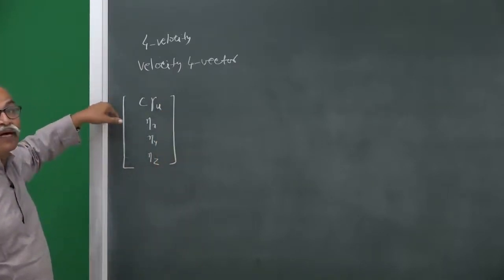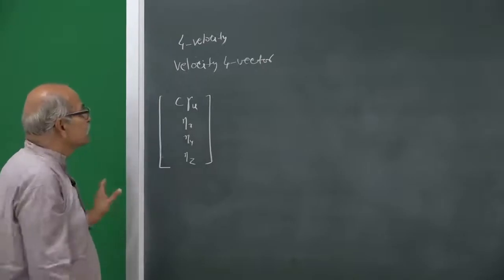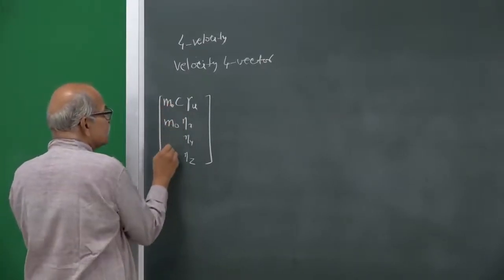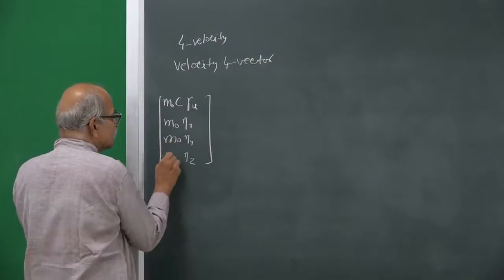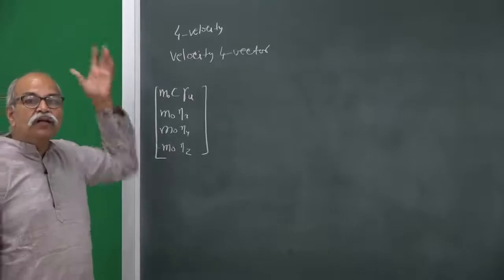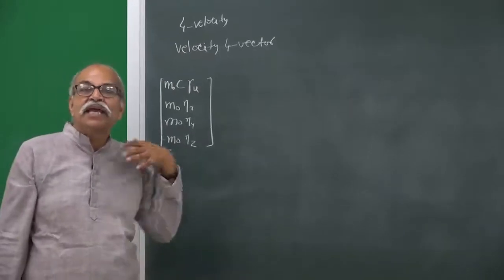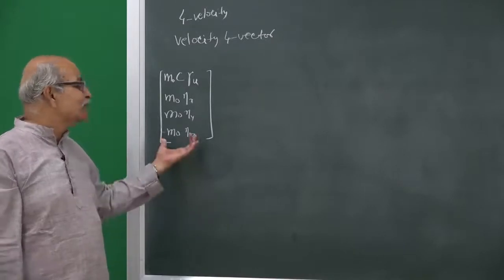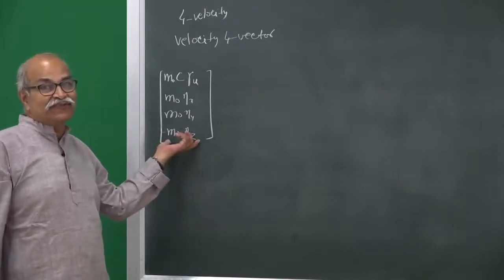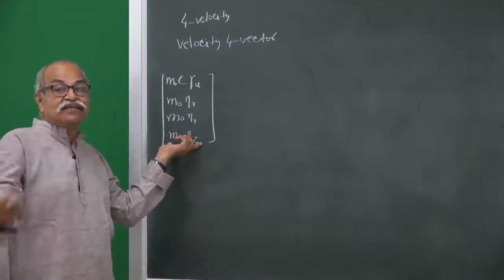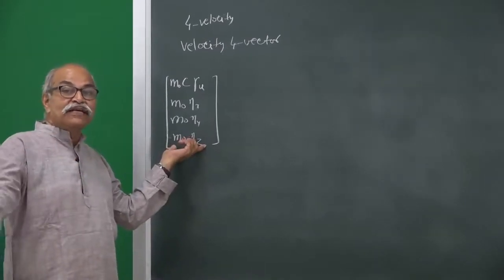Multiply it by the mass of the particle, so that you put an m naught here, m naught here, m naught here and m naught here. All components are multiplied by the same constant quantity, and therefore this is also a 4 vector. It will also transform according to the Lorentz transformation when you go from S to S prime.